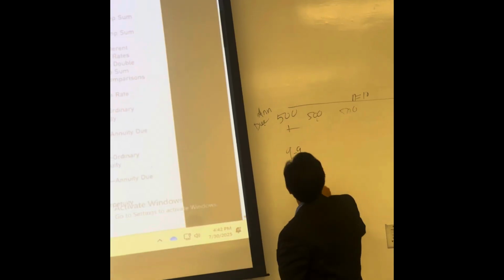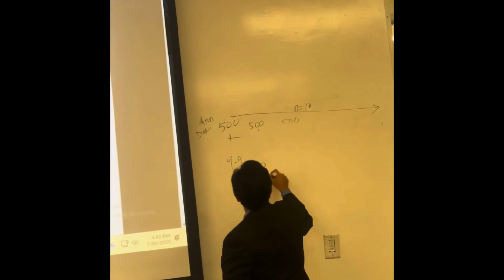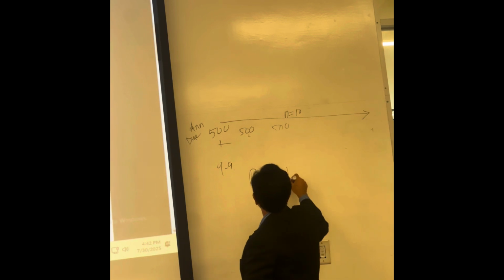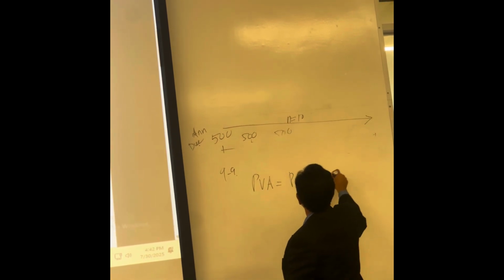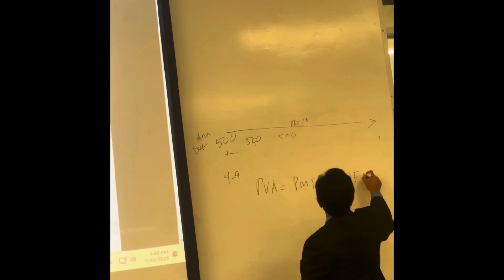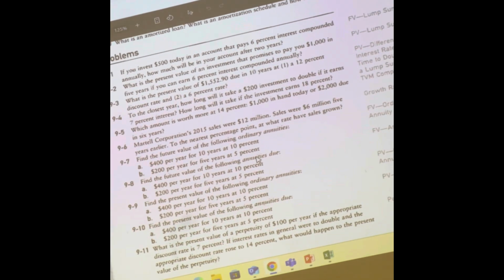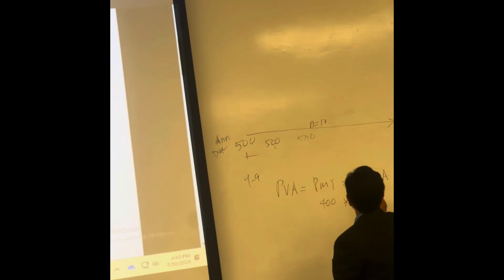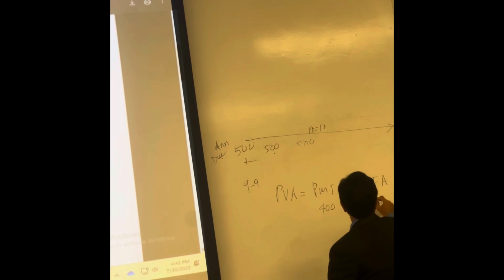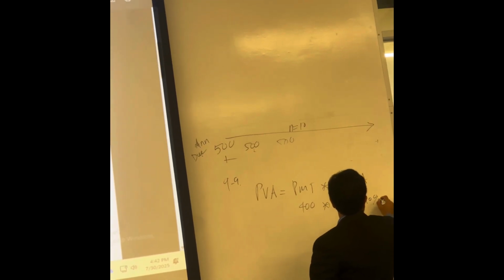Number 99. We're finding the present value. PVA is equal to payment times the present value interest factor annuity. Okay. Number 99. Again 10 years, 10%, $400. Okay, $400 times PVIFA, 10% and 10 years. Okay.